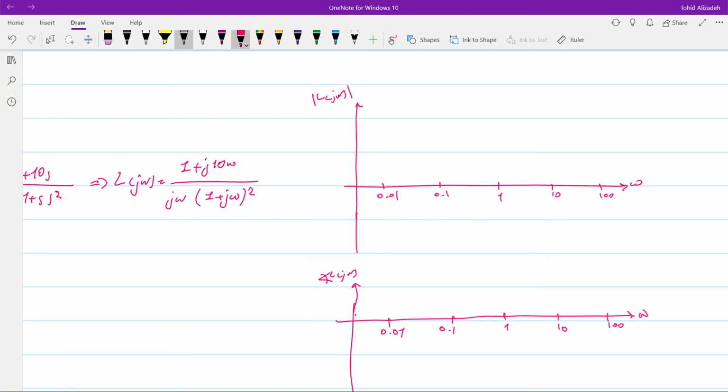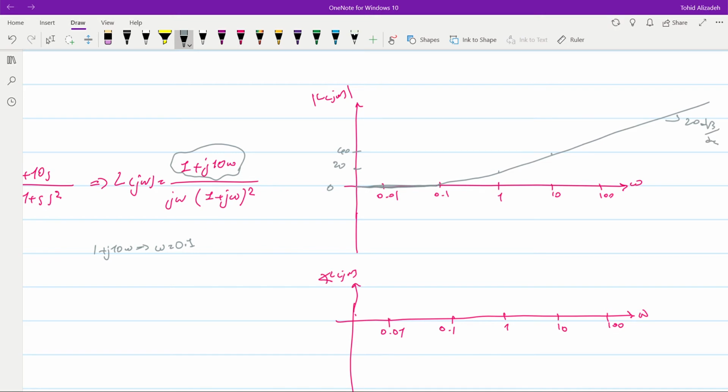For the first component, if we consider that it's the zero, 1 plus j 10 omega, the corner frequency will be omega equal to 0.1. Before that, we will have 0 dB, and after that, we will have 20 decibel per decade as the slope of the straight line. So this is what we have for the zero.